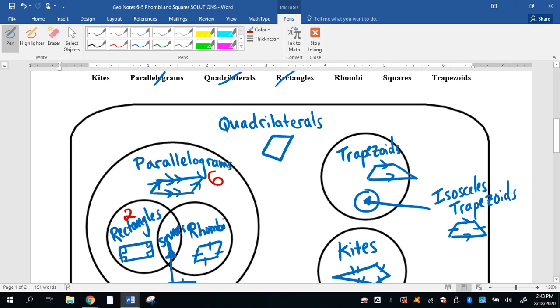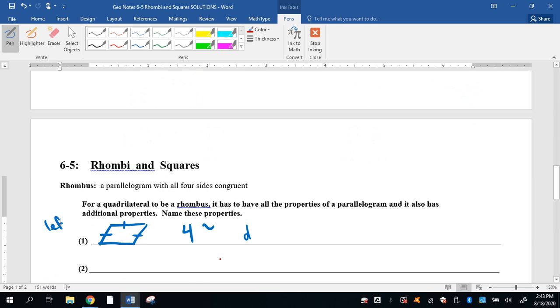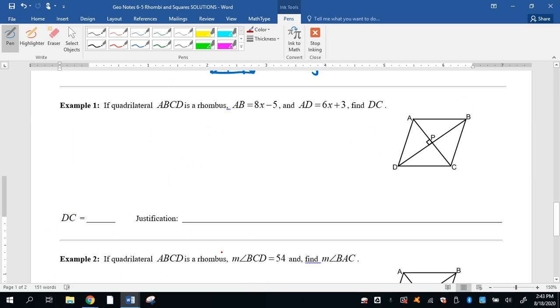That's the definition for right angles, and the diagonals are congruent. A rhombus has 3 properties. We just talked about it. It's the 4 sides are congruent, the diagonals are perpendicular, and the diagonals bisect the opposite angles. So let's go ahead and use all of those properties to answer some algebra problems.